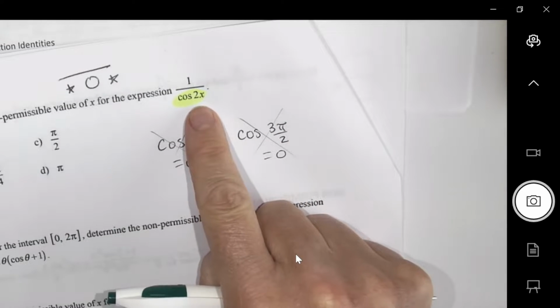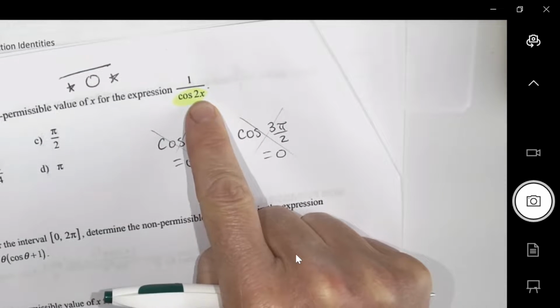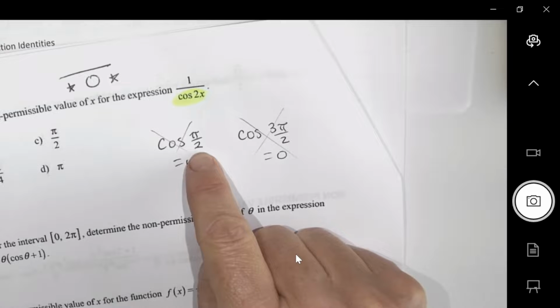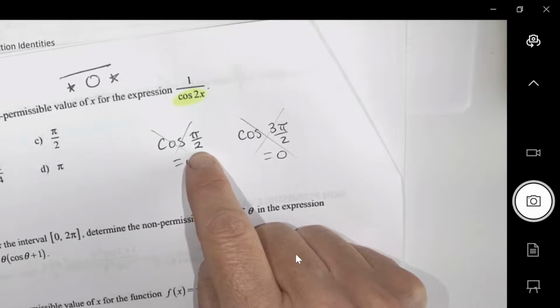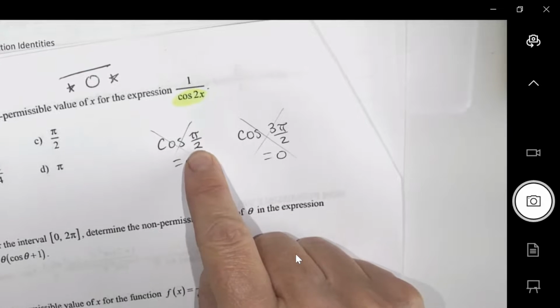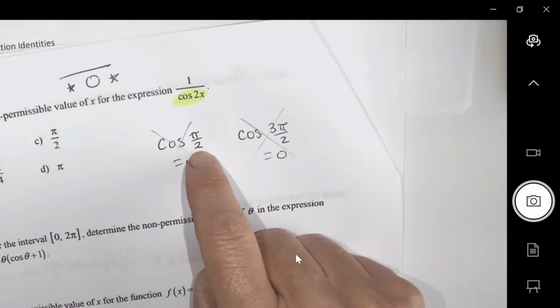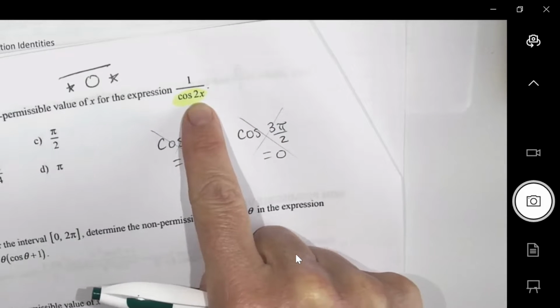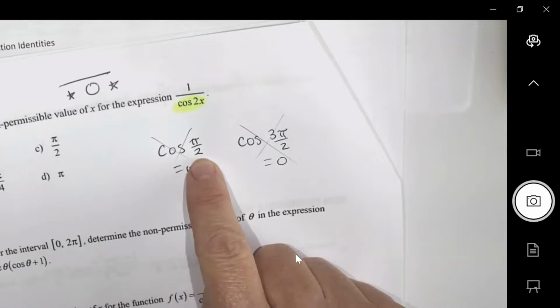Okay, but that's got a 2 in the front. So what angle would you have to double to make a pi over 2? Some kind of angle gets doubled and would end up as pi over 2.